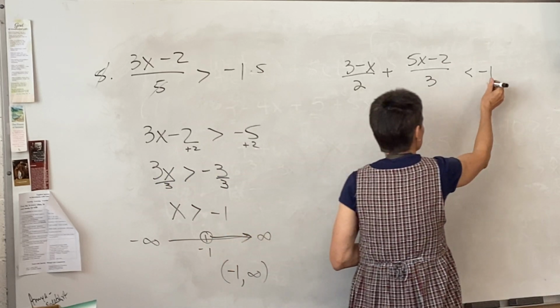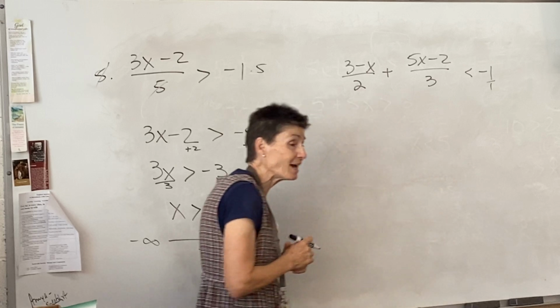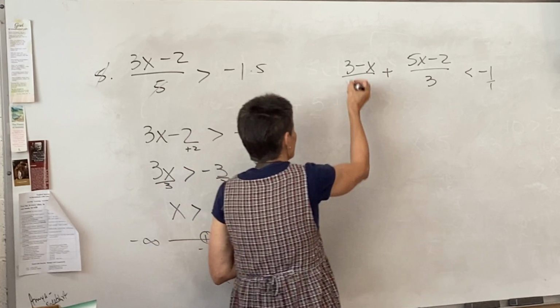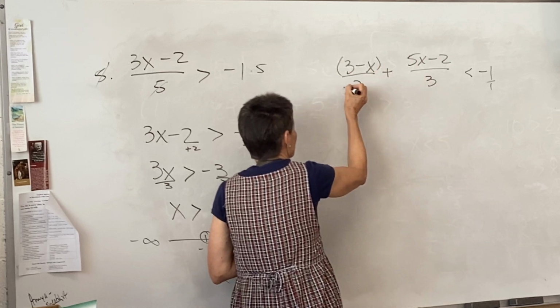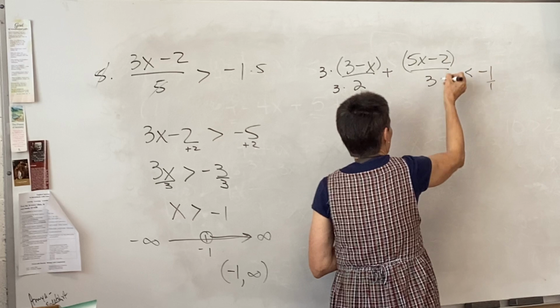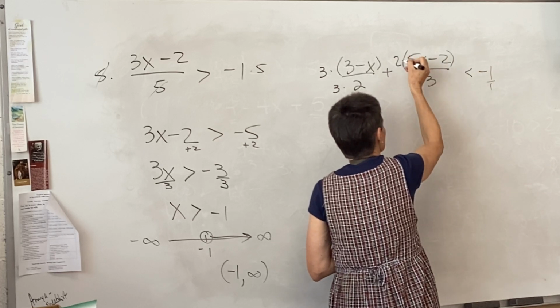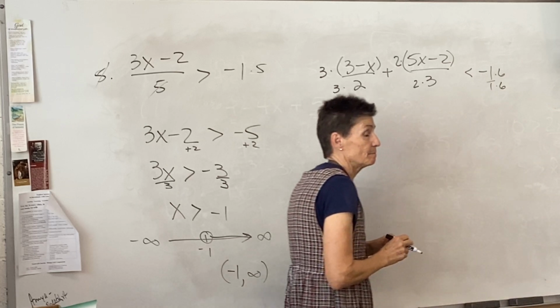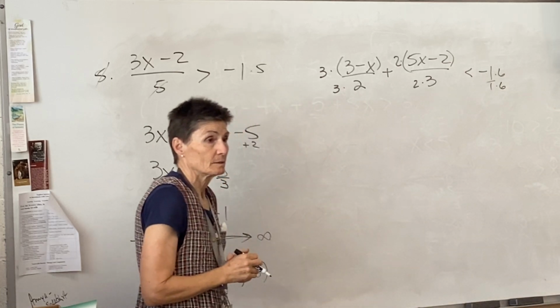Keep in mind, this one has a denominator. You cannot ignore the 1. So this one is gonna get times by 3. And this one by 2. And this one by 6. Agreed?